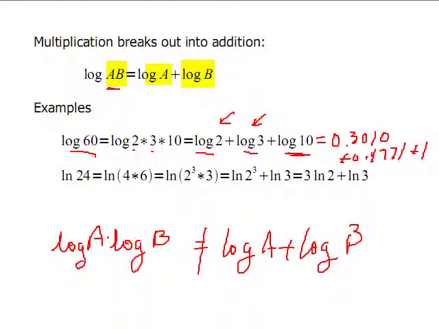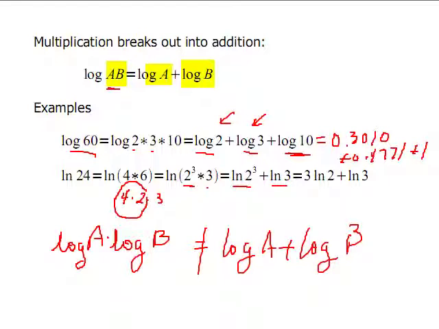Here's a natural log of 24. Okay, 24 you could write as 4 times 6, or 3 times 8. So 8 is really 2 to the 3rd times 3. Then I can break these two pieces up into the log of 2 to the 3 plus the log of 3.